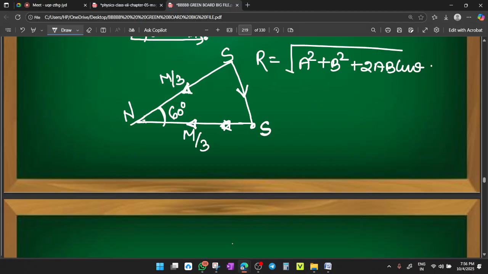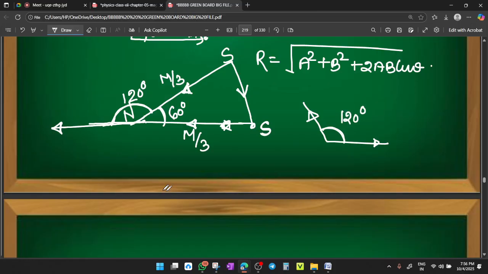So here the angle between the two vectors equals 120 degrees, because the direction of the vectors should be taken in this sense. They are both going outward. So here it equals 120 degrees. Clear?